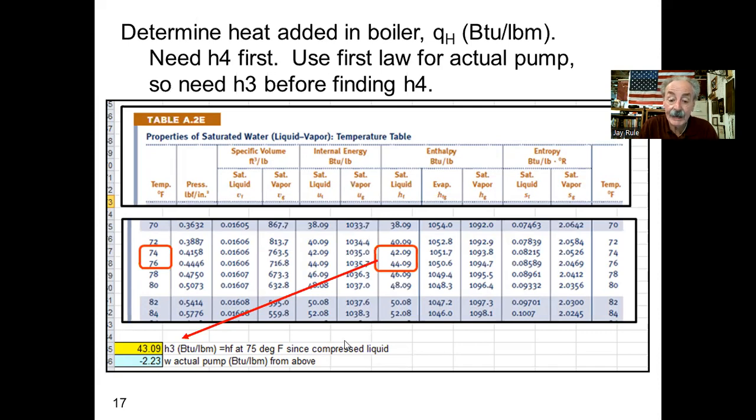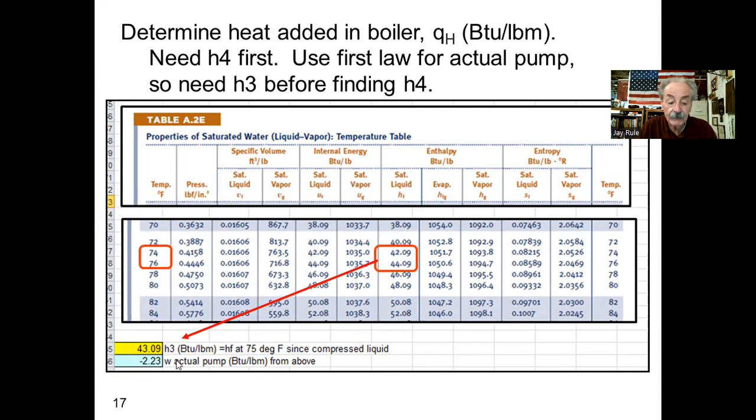So we're going to backtrack a little bit and go back to our temperature table. Going into the pump, the temperature was 75 degrees F. And so we interpolate to get H3 of the pump is 43.09 BTUs per pound. That's the pump inlet enthalpy.